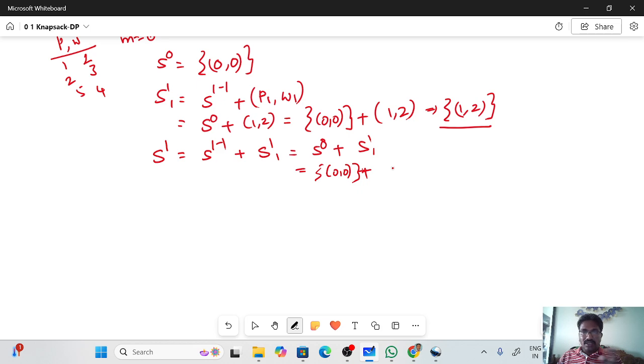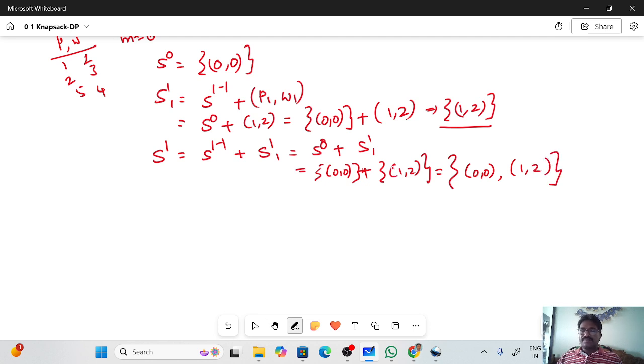Merged with, here it does not mean addition, my dear; plus indicates merging. So which set are we getting? S1 1 is 1, 2. So what is the total set I am getting? This set has one pair and the other set has one more pair, so two pairs. There is no duplicate, so I get two pairs: 0, 0 and 1, 2.